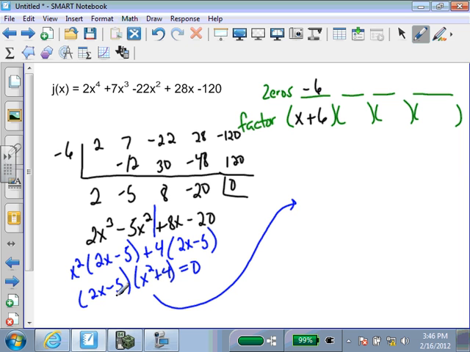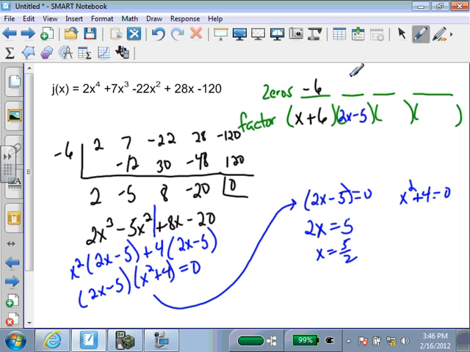Well, that's a linear factor. So 2x minus 5 is actually out there. But if you want to see what we're doing here, 2x minus 5 equals 0. And x squared plus 4 equals 0. Right? I'm actually trying to find zeros now. So 2x equals 5, and x equals 5 halves.